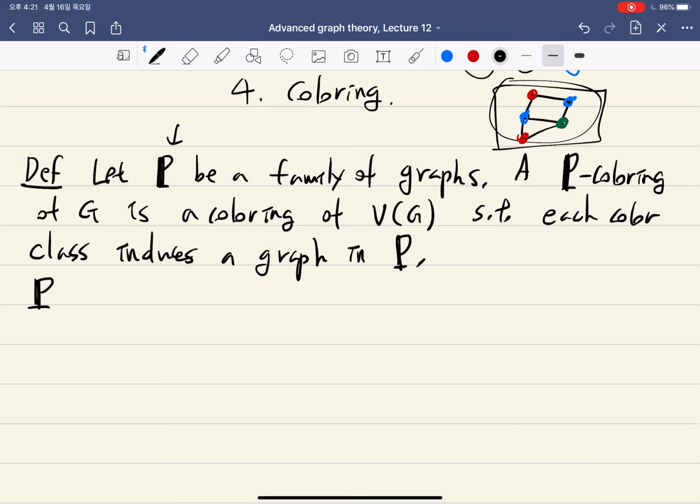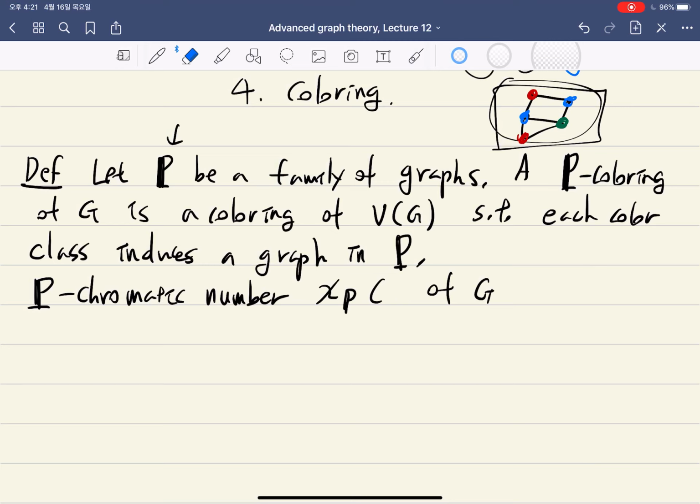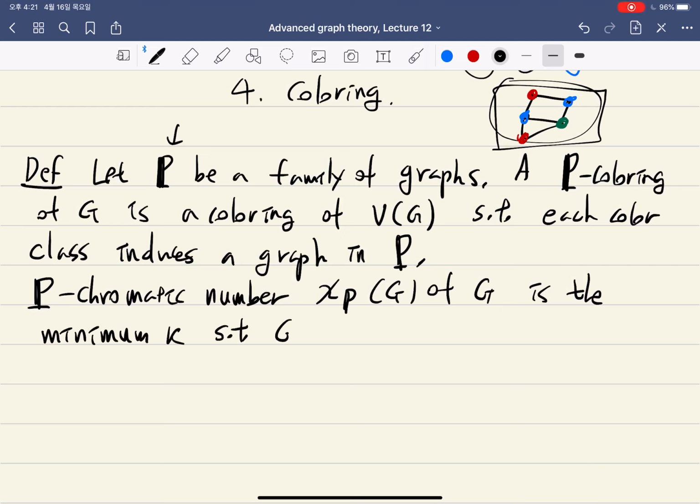And we say the P chromatic number, chi P of G, is the minimum k such that G has a P coloring using k colors.